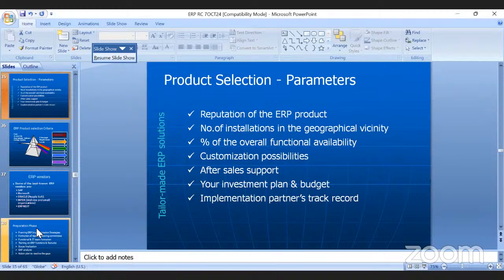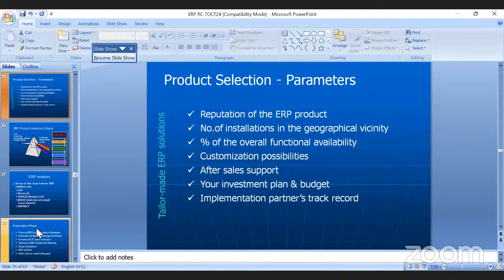Now you take up the hospitality industry. There may be ITC resorts. They are into hotels and accommodations, refreshments, and tourism. Their function is completely different. So you have to see the functionality available in the software.